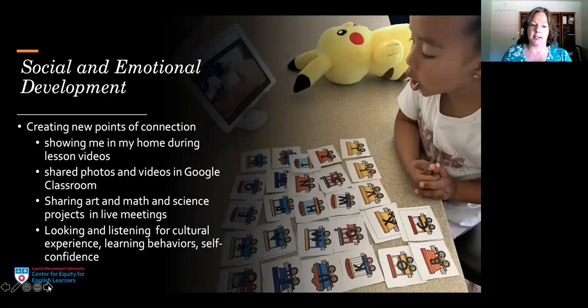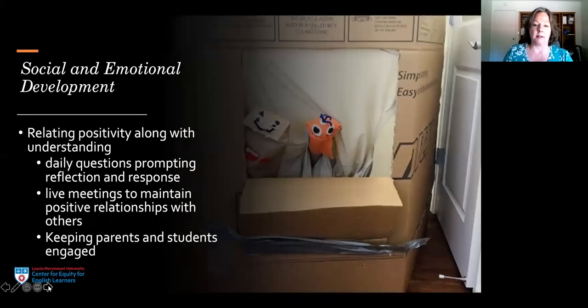And I would just continue to look and listen at every opportunity to highlight what I was seeing and hearing and observing in their pictures and videos, because I wanted to extract from that their cultural experience, watch their learning behaviors, and continue to attend to their building of their self-confidence. In the next slide, I talk about the modeling of the 5 competencies of social emotional learning by relating positivity along with understanding and compassion.